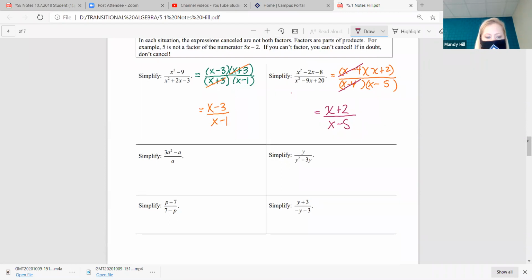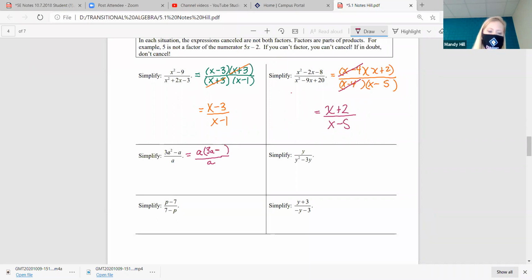On this one, I don't think there's a lot I can do to the bottom, but if I can pull an A out of both of these terms, then I could get that A on the bottom to cancel out. So I need to try to pull an A out of both of these terms. If I take an A out of 3A squared, I would just have a 3A. If I take an A out of A, this is important, this is probably where people make a mistake.